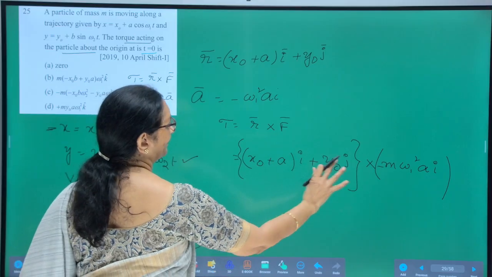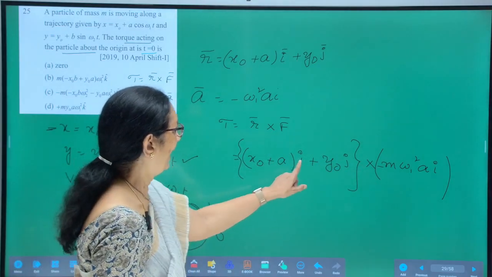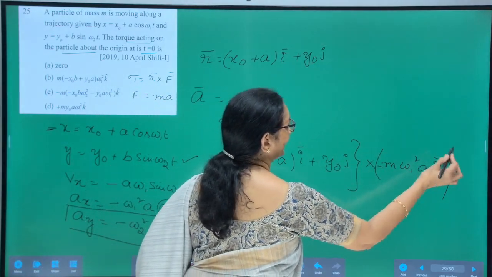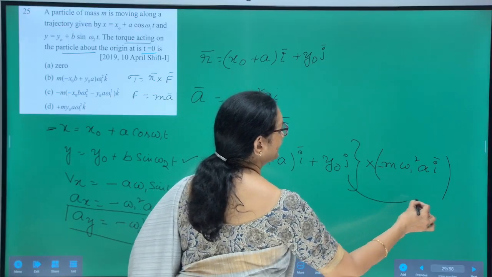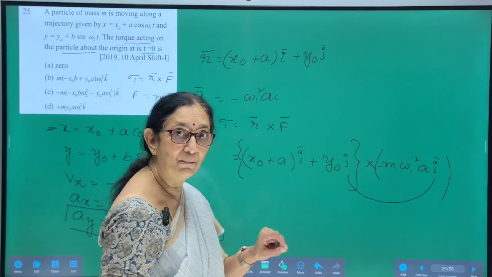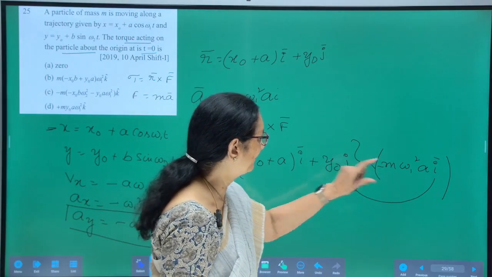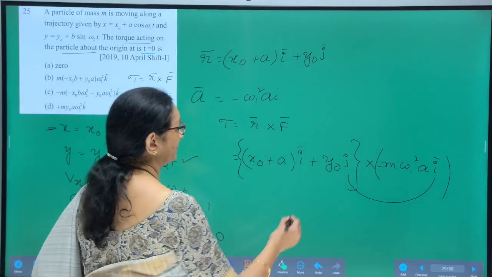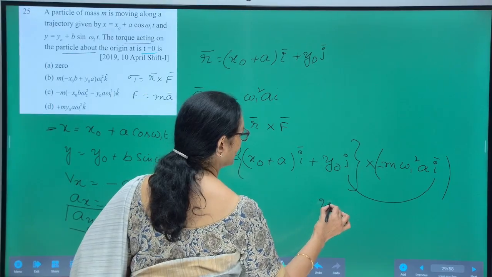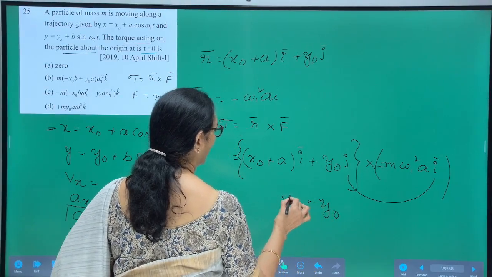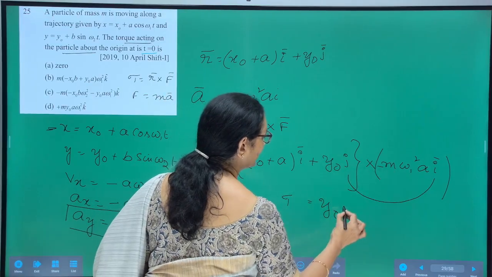That is r bar cross f bar. I bar cross I bar becomes equal to 0, j cross I is minus k, minus of minus 1 becomes plus 1.